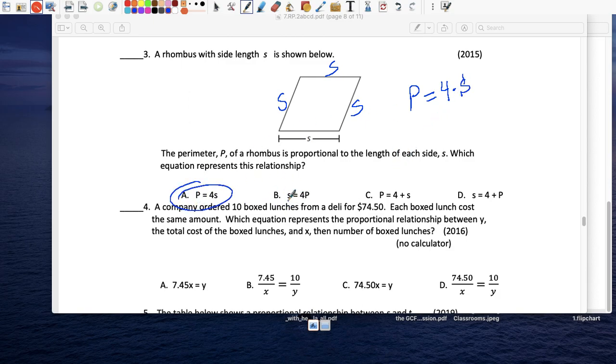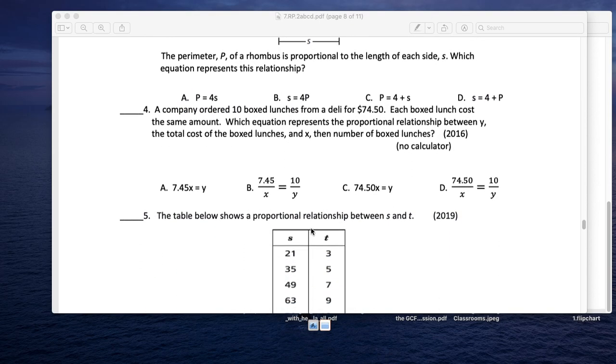Right, P equals, and this one says the side equals 4 times the perimeter, so that doesn't even make sense. So right off the bat, B and D should have been garbage. So the only thing you would have to worry about is C, P equals 4 plus S. That makes no sense because the perimeter is going to be 4 times whatever the side is. All right.